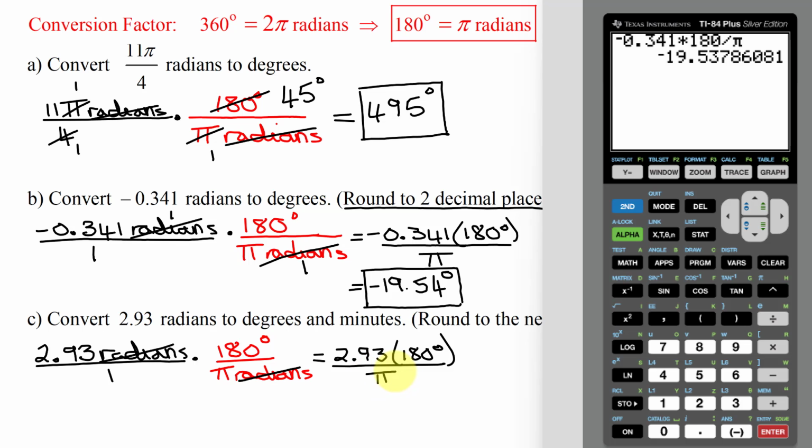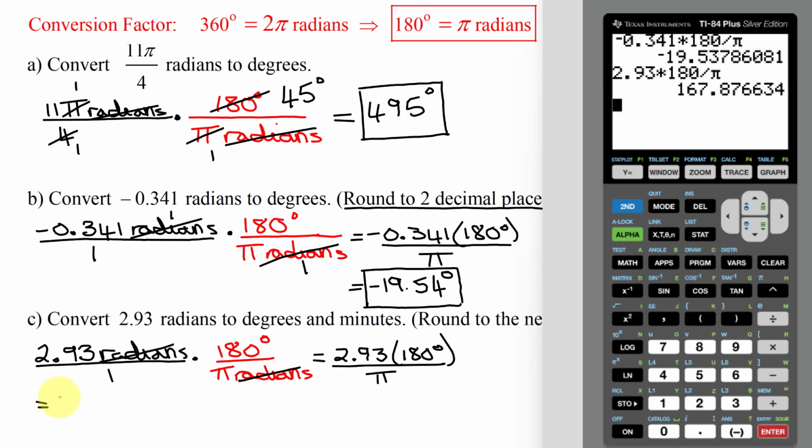So I'm just going to enter that in the calculator. 2.93 times 180 divided by the accurate version of pi, second caret. Hit enter. So here is my answer in degrees.